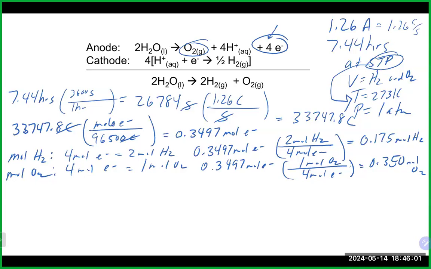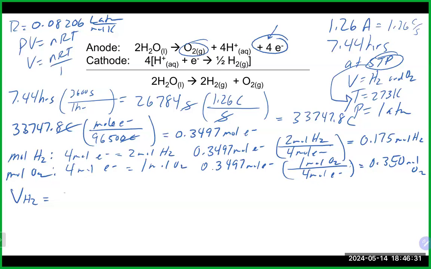Now that we have the moles, we also have the pressure and the temperature. So we really always have R as well, which is a constant. Here we would use our ideal gas law. Using our ideal gas law for our hydrogen, for example, PV equals nRT, which means V is nRT divided by P. So our moles of hydrogen is 0.175.